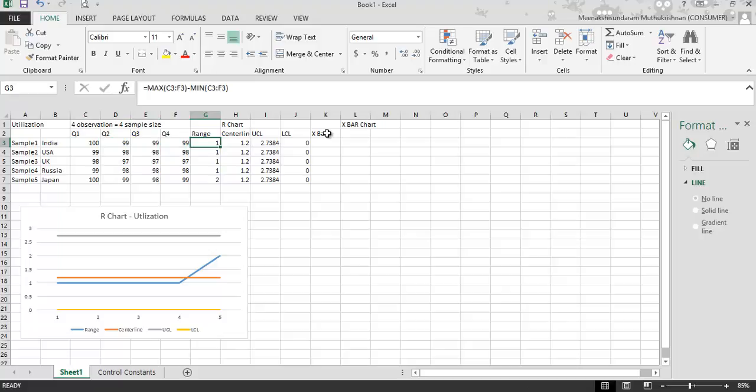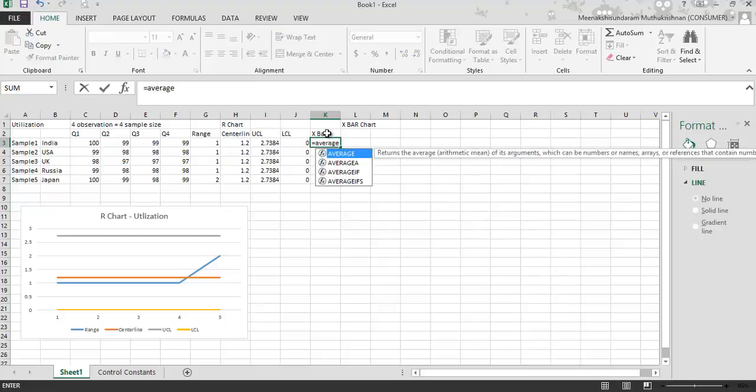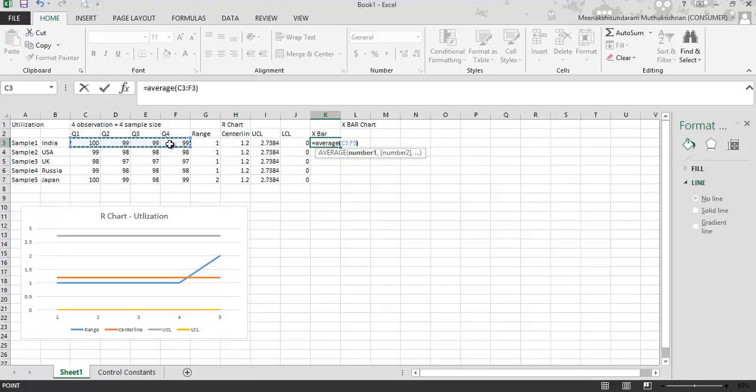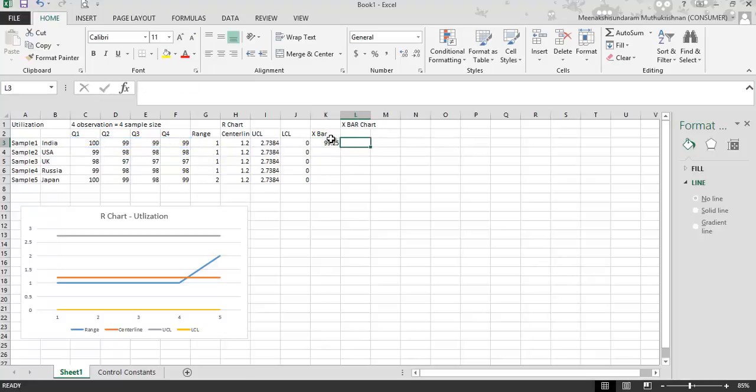Earlier we found the range, and here we are going to find the average of the 4 samples of sample size 4, and we are doing that for the other samples as well. So we got the calculations here.